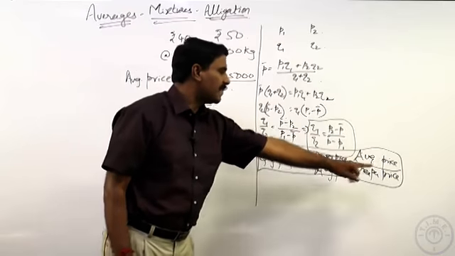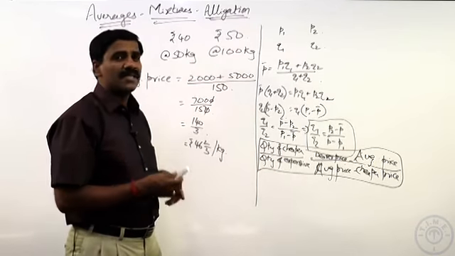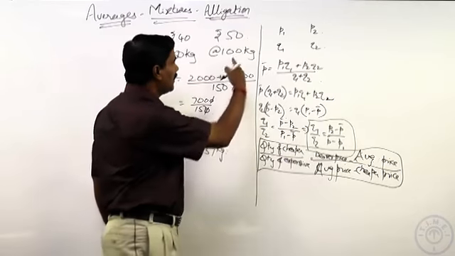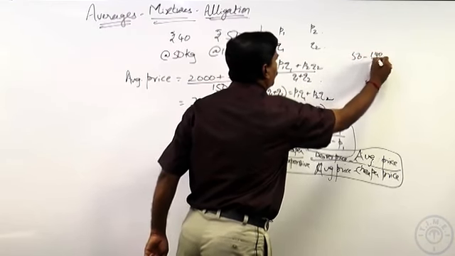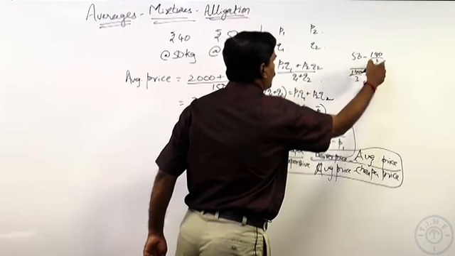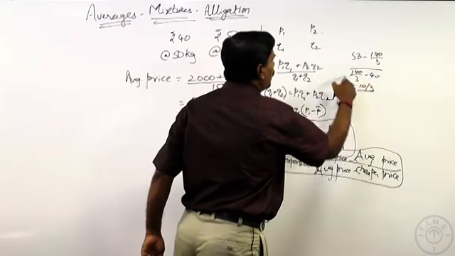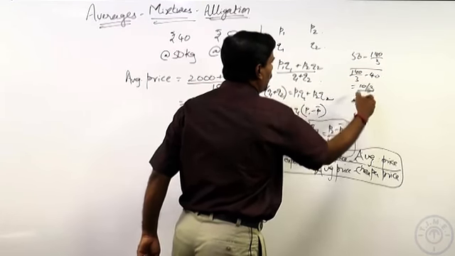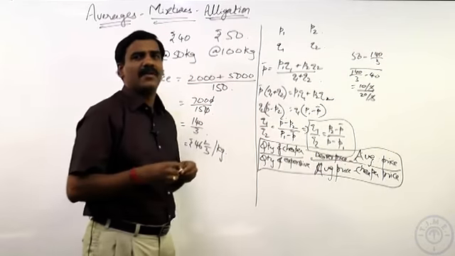By average price minus cheaper price, the average price is 140/3 minus the cheaper one, 40. Looking at the difference between those two, 50 minus 140/3 by 140/3 minus 40: 150 minus 140 means 10/3, and 140 minus 120 means 20/3. Cancelling the 3/3, the ratio is 10/20, which means 1:2.